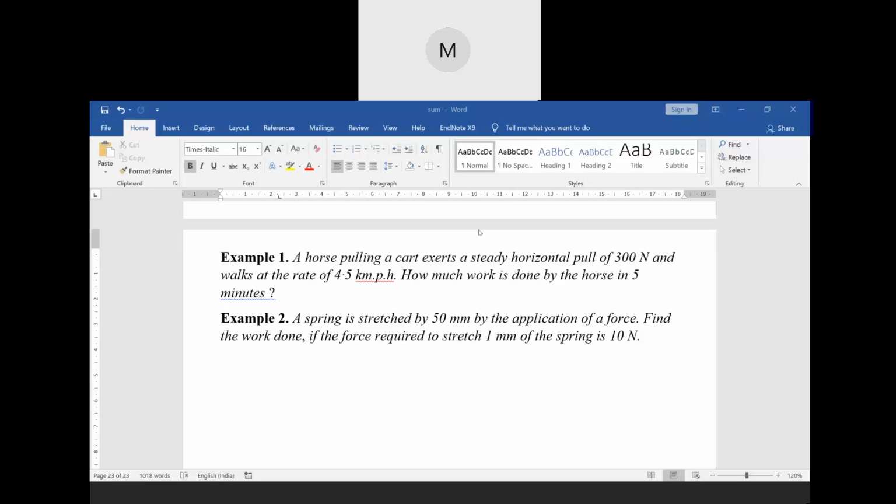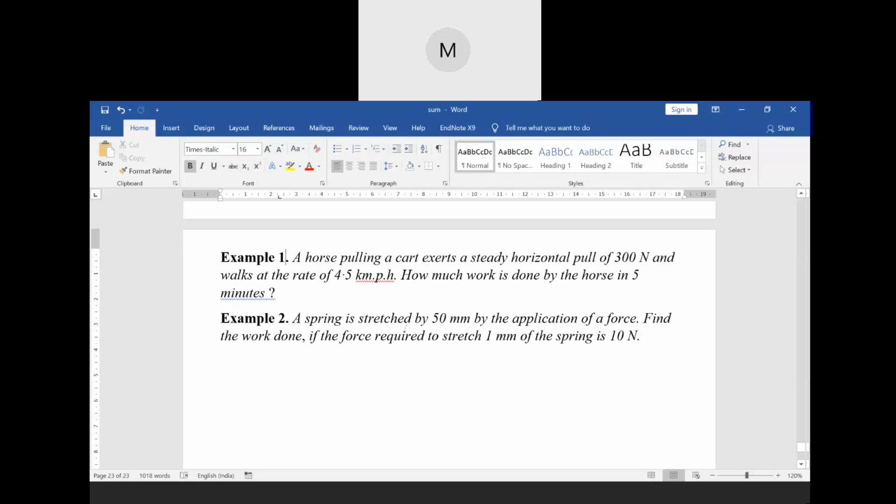Sir, do we have to convert kilometer per hour? Just think and tell me. Time is given in what unit? Minutes.